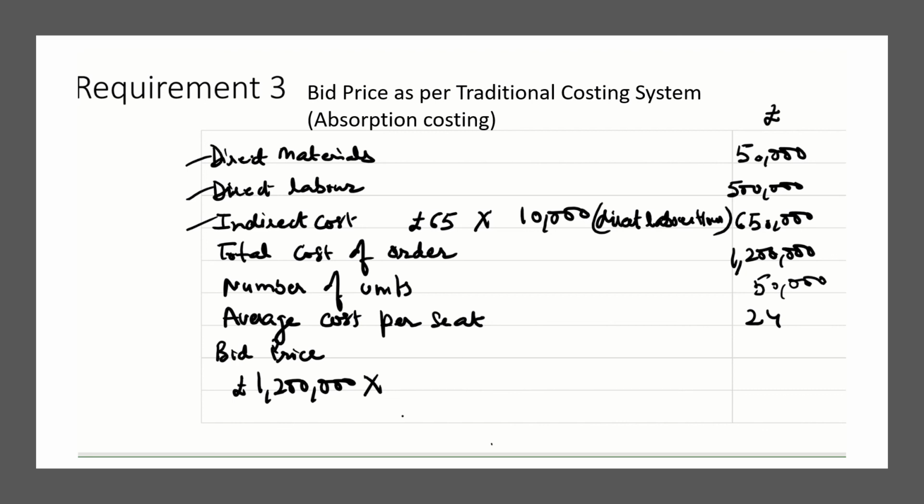Markup is 30%, that in total means 130% of your total cost. So the bid price comes as £1,560,000. This is what we are bidding for the 50,000 order from Ford.